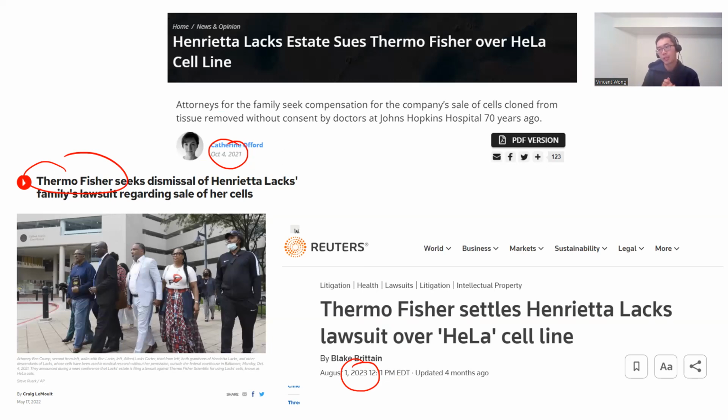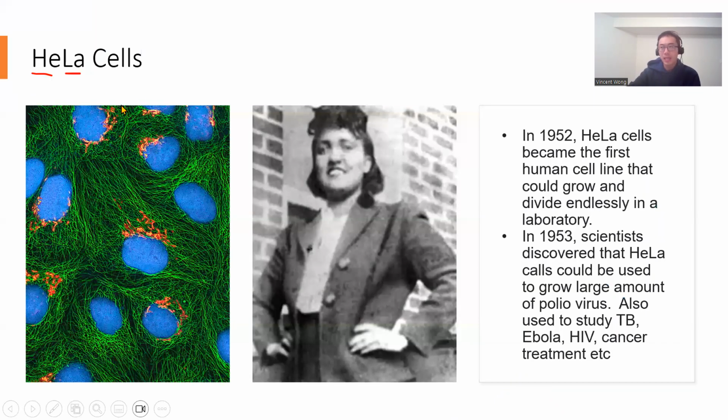But that shows the importance of obtaining ongoing consent if you're gonna be growing cells that are taken from people. So I guess the point is to show you cells can grow outside of the body, and if it's a cancer cell, then they can grow endlessly. If you're wondering how it is possible for cancer cells to grow forever, that is something we will talk about in lecture 7, I believe.